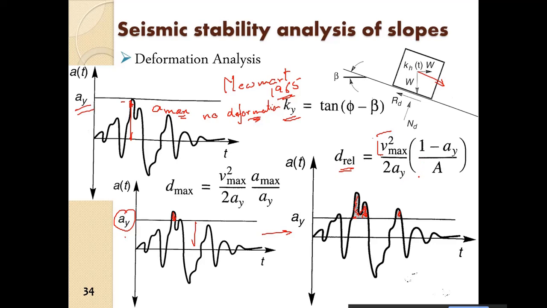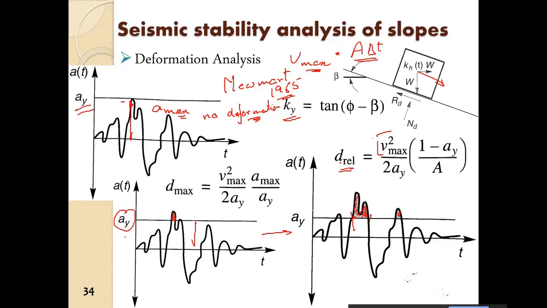As we know, Vmax can be related to A into delta t, where delta t is the time by which the acceleration has exceeded. So this is the A delta t over here, as we have discussed. So Vmax is the maximum velocity achieved.